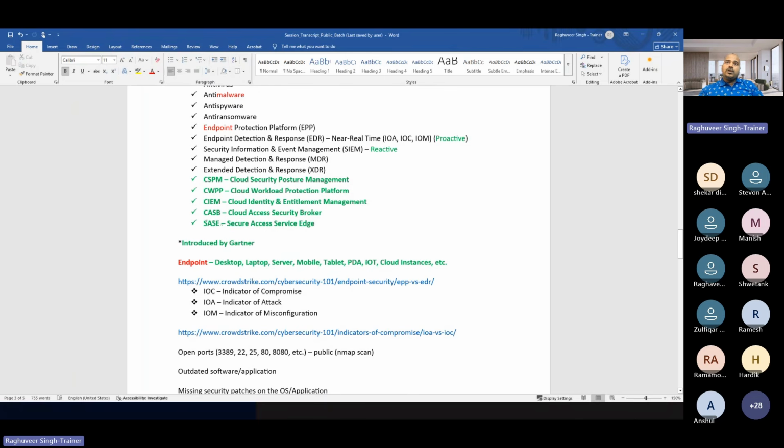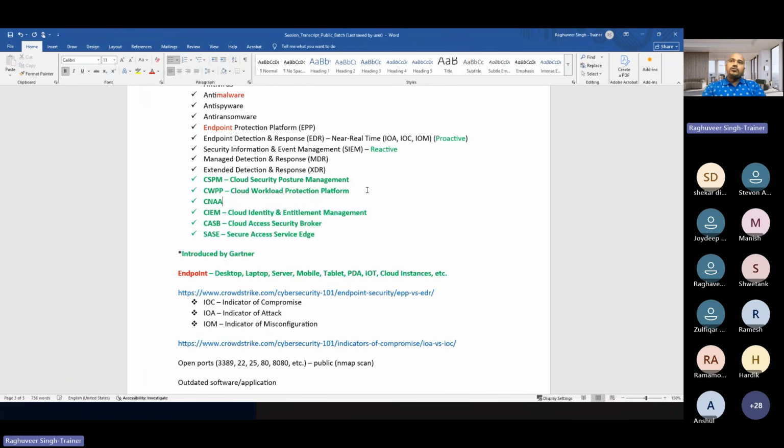Then comes Secure Access Service Edge, which is an advanced version of CASB. CASB has certain limitations, which were taken care of by SASE. Now the combination of CSPM and CWPP is CNAPP, which is known as Cloud Native Application Protection Platform. CNAPP combines the capability of CSPM and CWPP, and up to a certain extent, the capability of CASB and SASE also.